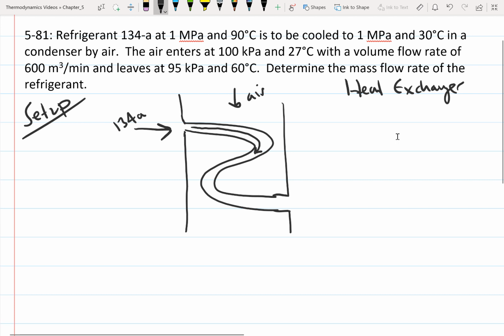So first of all, it says that the refrigerant 134A at 1 megapascal and 90 degrees C is to be cooled. So that means that at the inlet, let's just make this more clear.